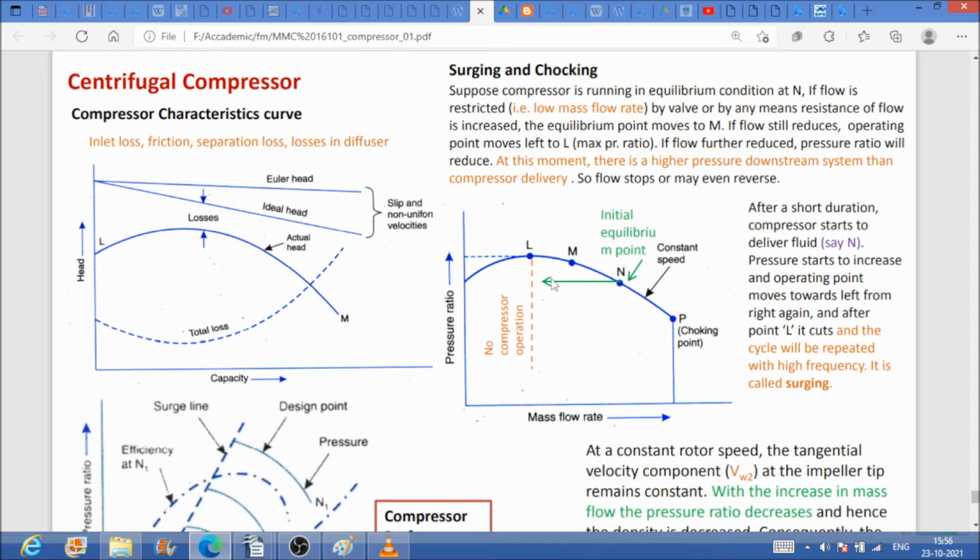Now the pressure downstream of the system starts increasing, and the mass flow rate will get decreased, and the operating point will shift from N to M and again to L. Now beyond this, the flow cuts down. Okay, and the cycle will be repeated again, it comes back and this cycle repeats, and this is called surging, and it happens at very high frequency.